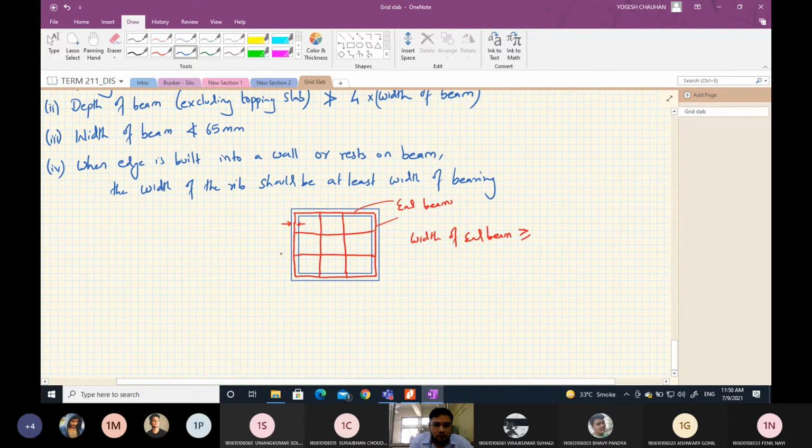This is the width of the wall, which means the support width.